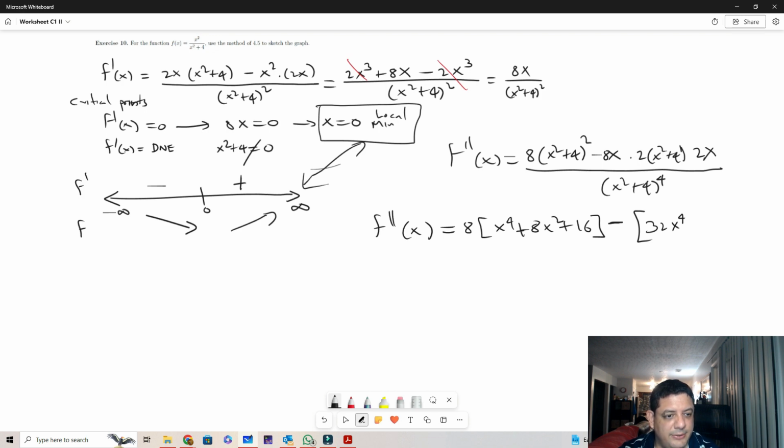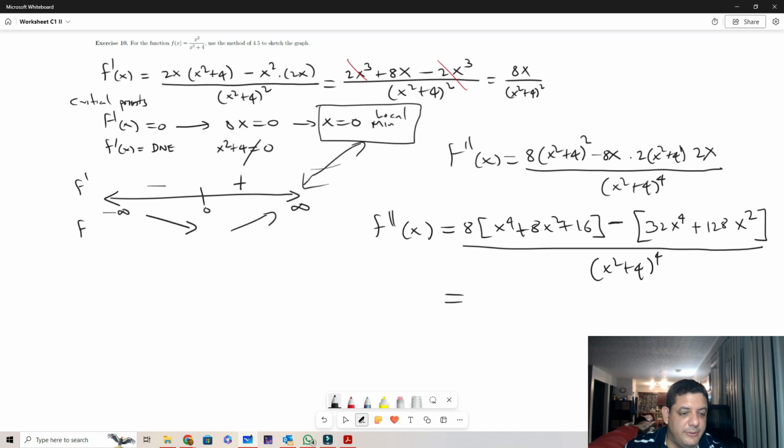And now for the last one, this is 16 by 2, 32, and 32 by 4, it's going to be 128 x squared. And over (x squared plus 4) to the 4.